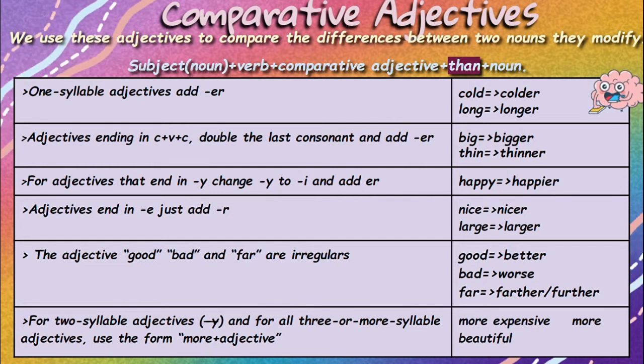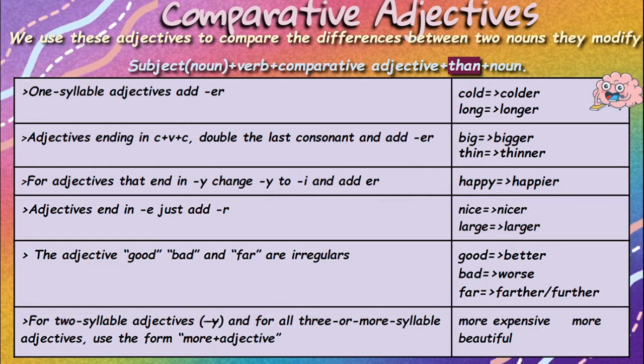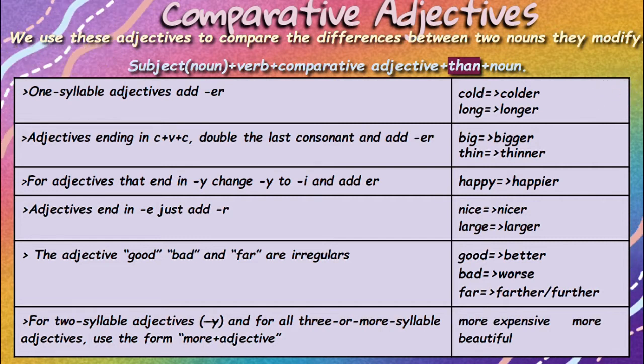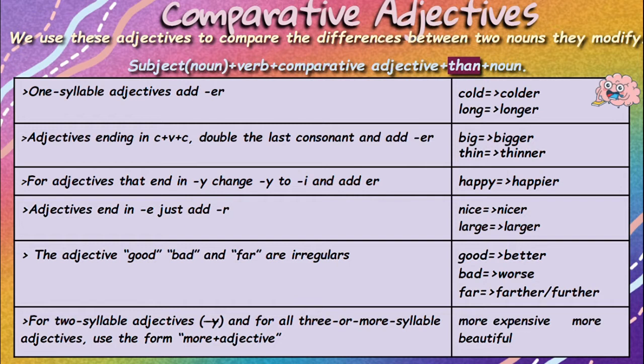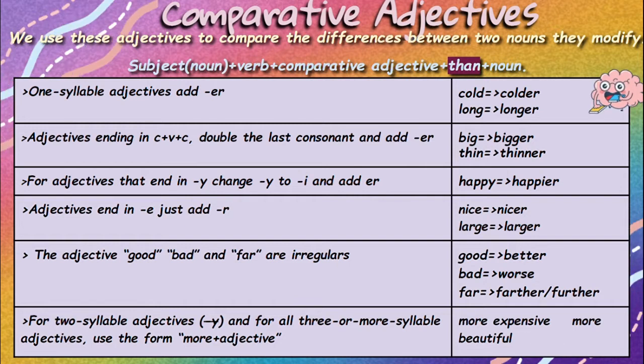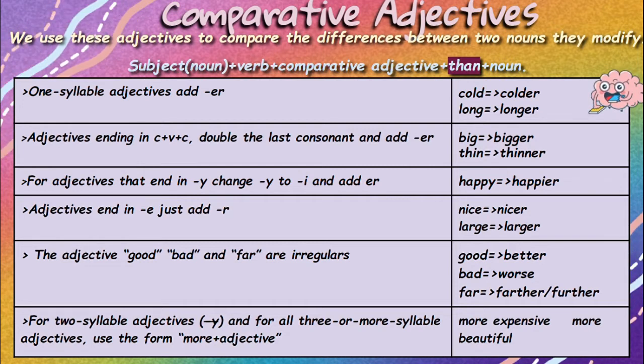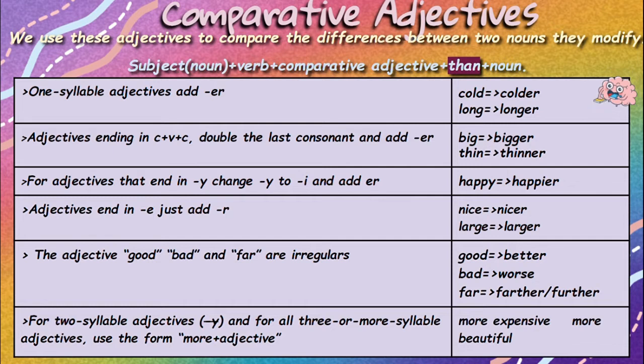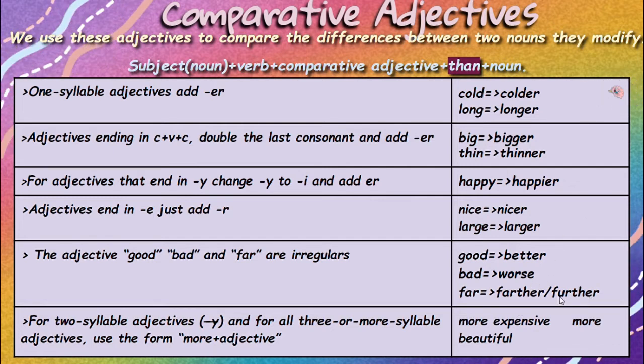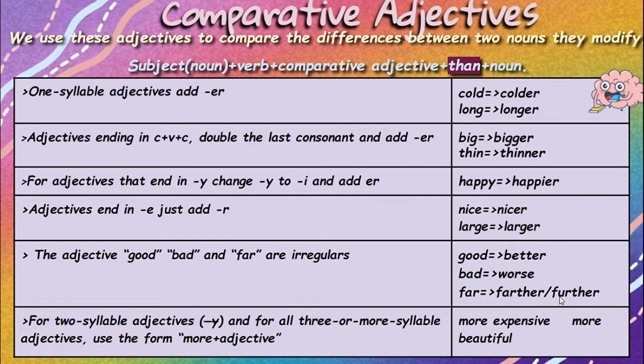The adjectives good, bad, and far are irregular. Please pay attention in this part. Good becomes better. Bad becomes worse. Far becomes farther. We have two forms, and the two forms are correct.